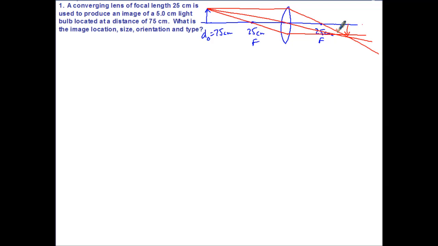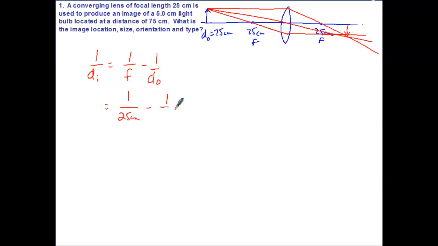Let's go ahead and use the lens equation. I'm looking for the image location, so I'm looking for DI. I'm going to solve that equation for 1 over DI right away: 1 over F minus 1 over DO. Let's plug in those numbers. 1 over focal length is 25 centimeters, and that's a positive value here.